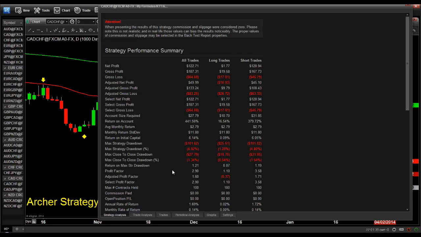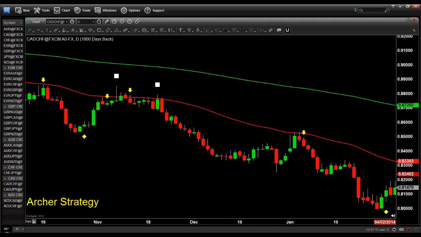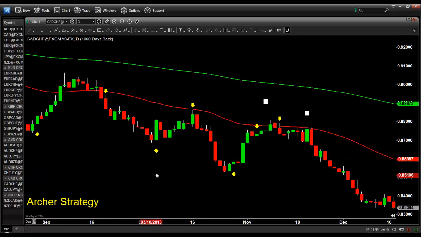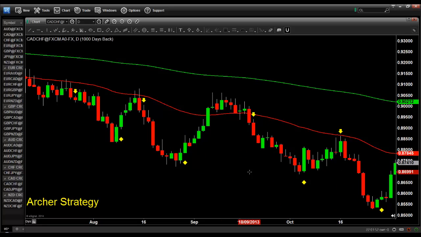Now, that says 2.9. From my experience, that's a very low figure, given how successful the strategy is. The reason for that is, when you apply this strategy manually, you can use your discretion. You can check for levels of support and resistance, which really boost the probability of success for a strategy.